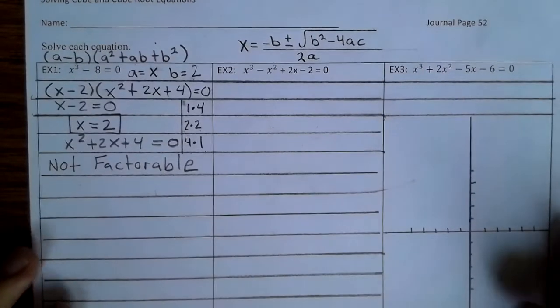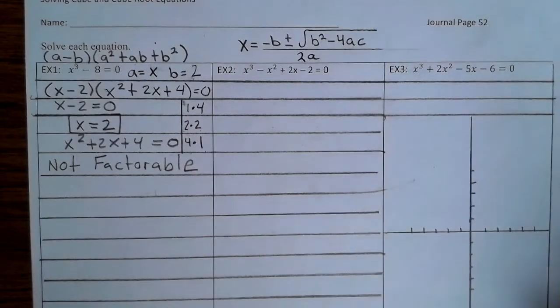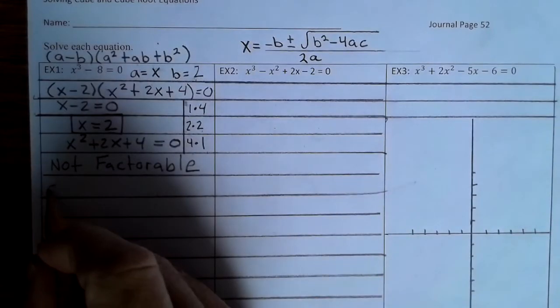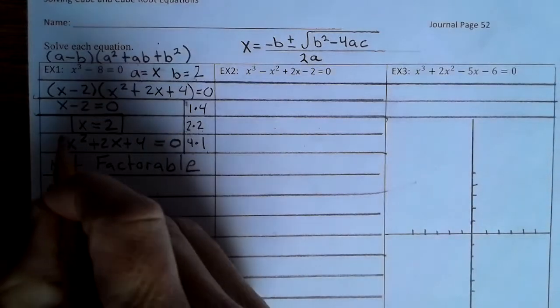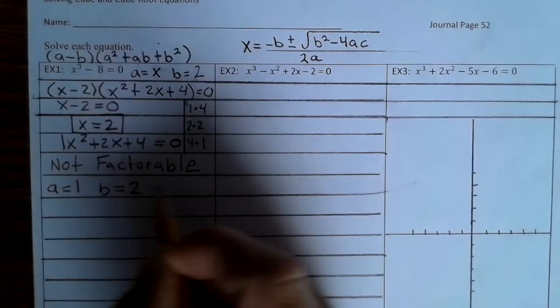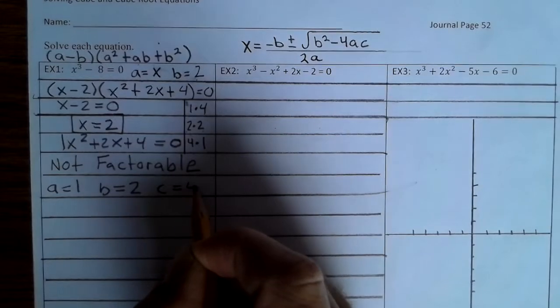Now, we're going to figure out what a, b, and c are. So a is 1, b is 2, c is 4. And now we substitute those numbers into this formula.